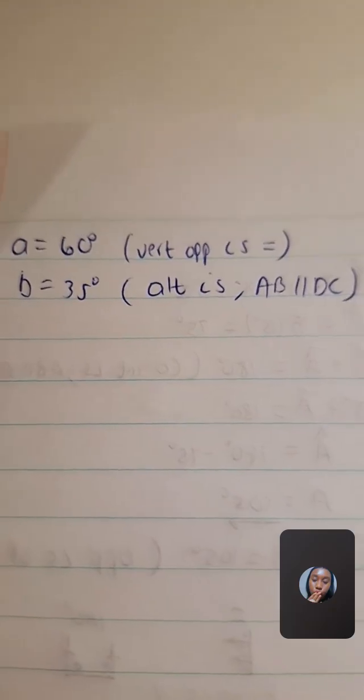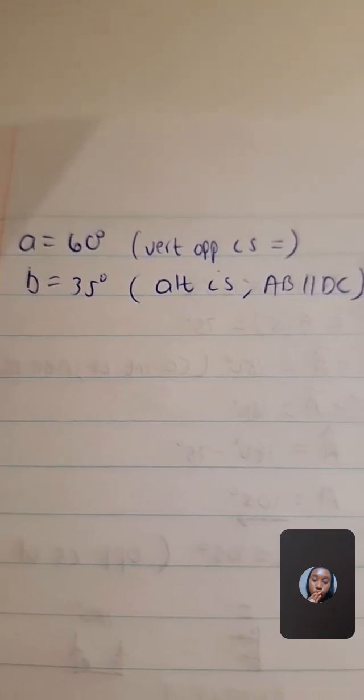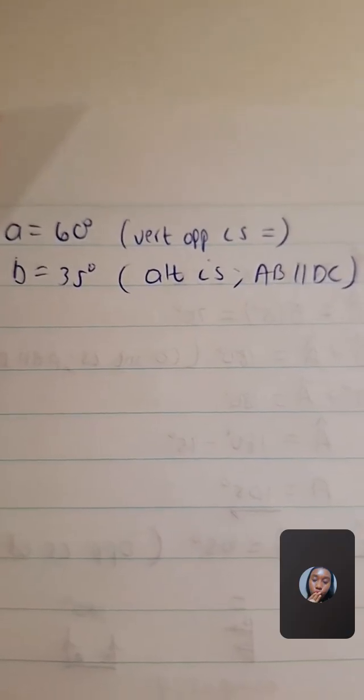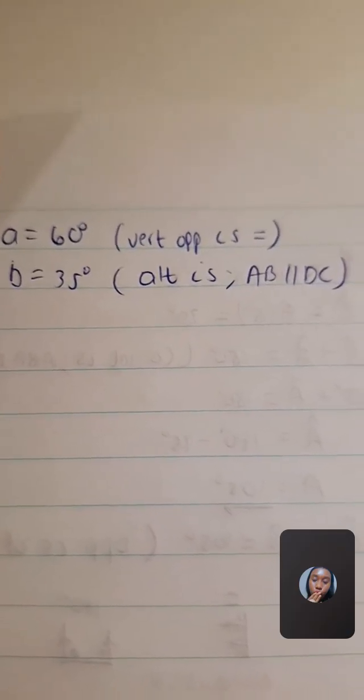Capture that, my kids. Then you will stop writing "alt angles equal." You'll start writing alt angles and you will state the lines that are parallel. I need you to do that, my beautiful kids. My kids that are going to get level 7. My kids that are going to get big marks. I need you to be able to actually write that confidently and not sabotage nothing. Okay? You get me?